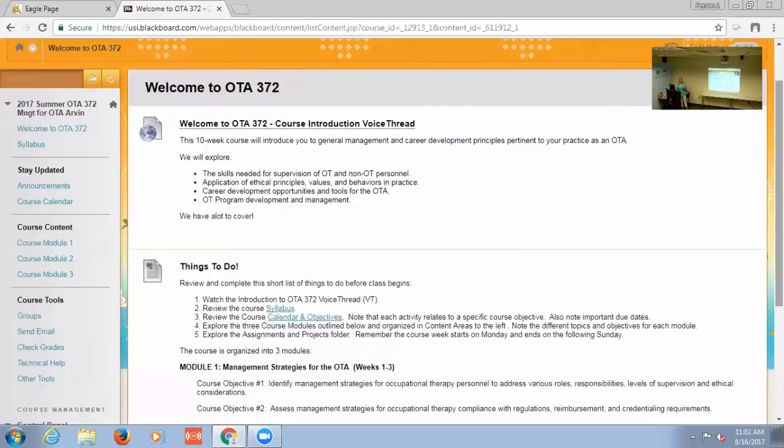This particular course is in the 3rd of 4 semesters for OTA, so it's kind of a culmination of topics that are more professionalism, management, career, how to manage your own career, things like that. So the management course for OTA is focused on those things.